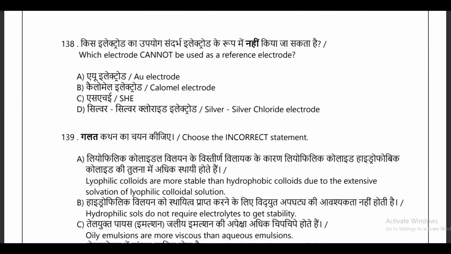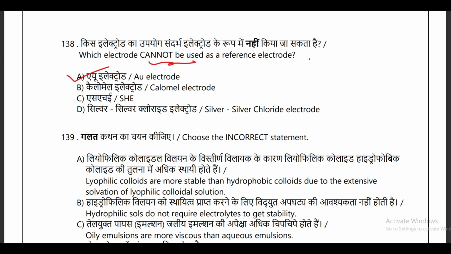In the next question, which electrode can't be used as a reference electrode? Out of four options your correct answer is gold electrode, okay? Gold electrodes are not commonly used as reference electrodes, because the other reference electrodes they are providing, like calomel, SHE, that is standard hydrogen electrode, and silver chloride electrode, okay, these other three electrodes provide a stable and well defined reference potential.